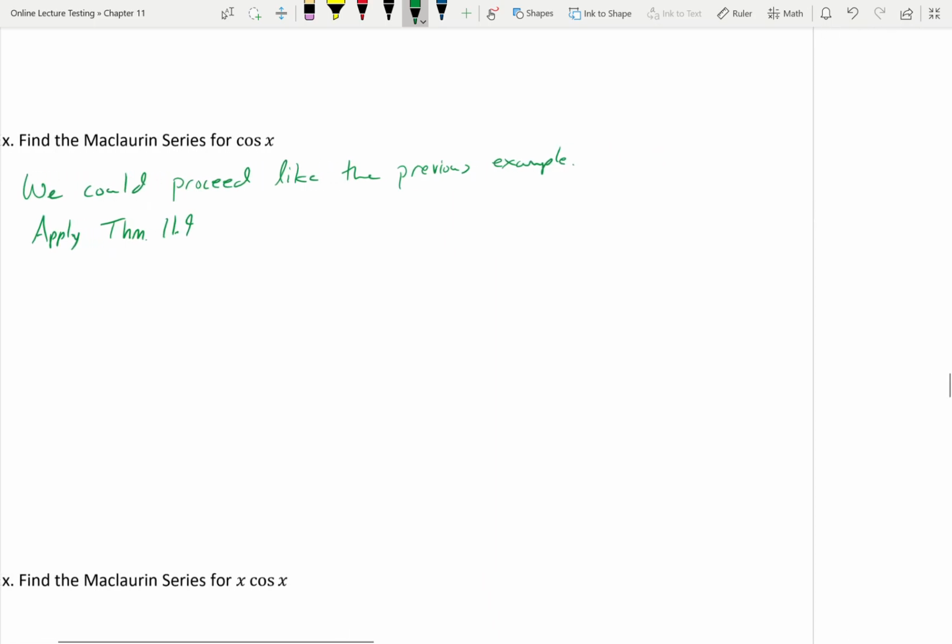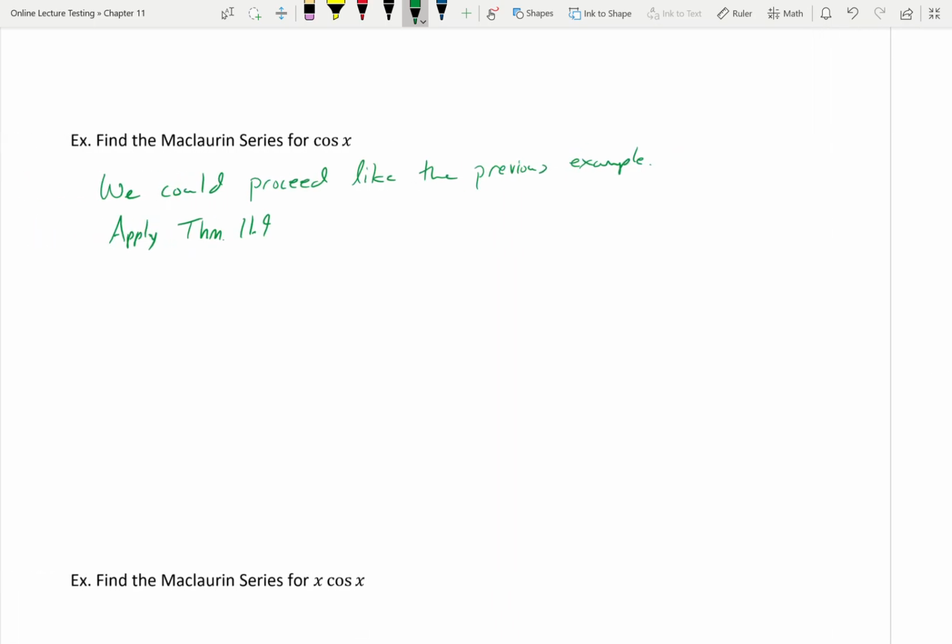This is coming from the previous section, where we said that a convergent series can be differentiated or antidifferentiated term by term.